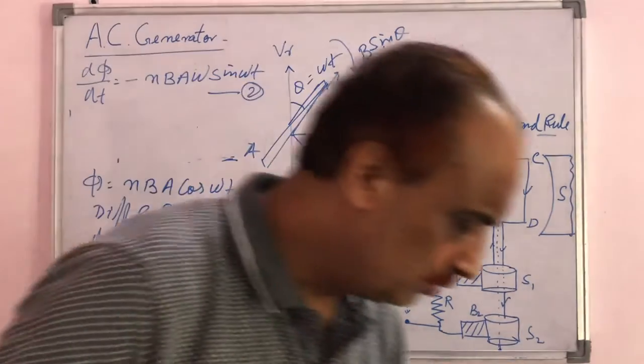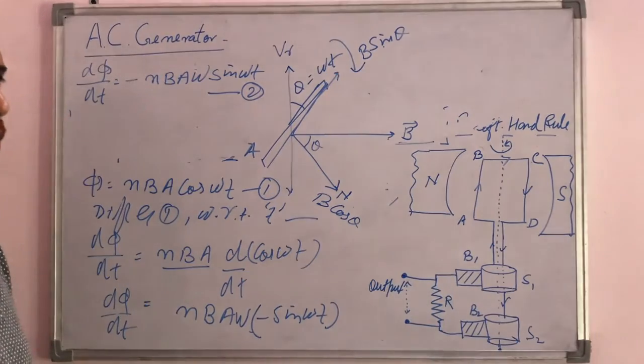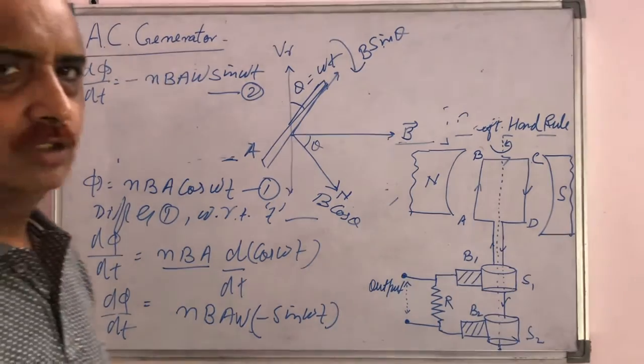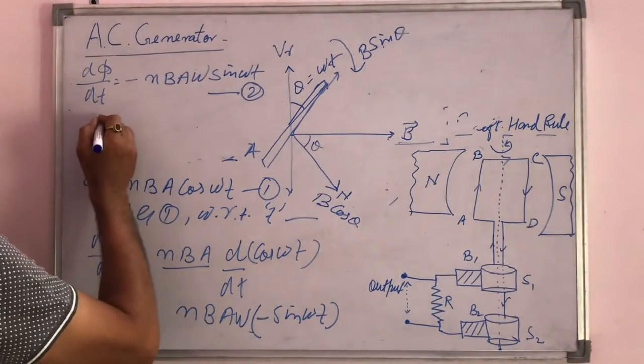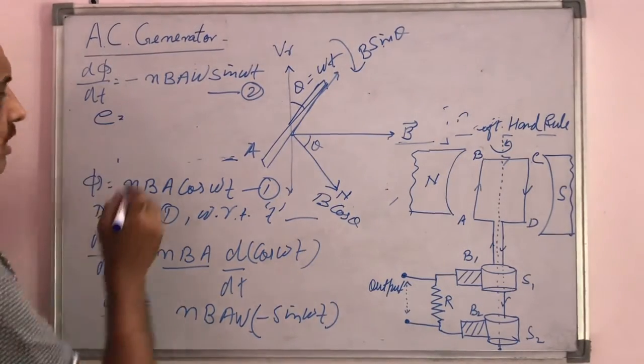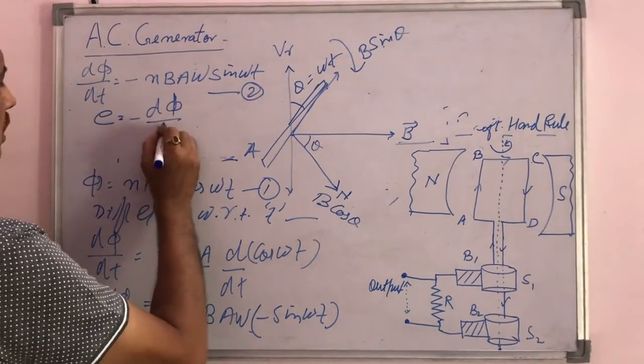Now we use Faraday's law of electromagnetic induction. According to the law, the induced EMF produced in the coil is always equal to minus d phi over dt.